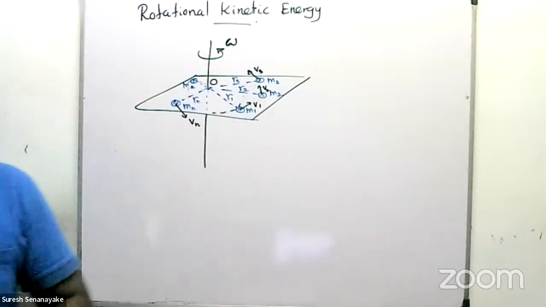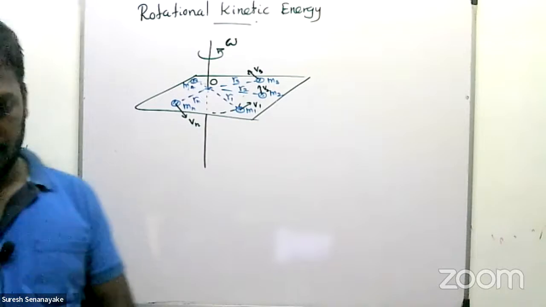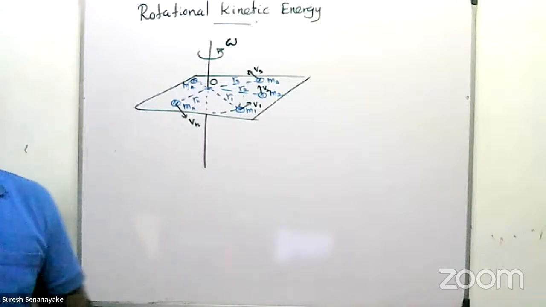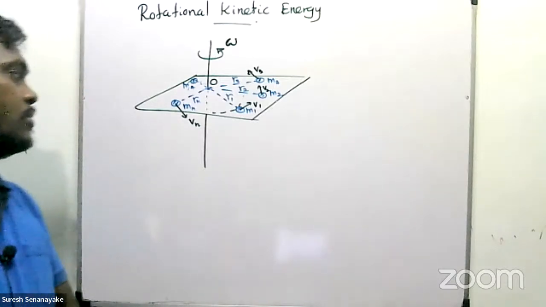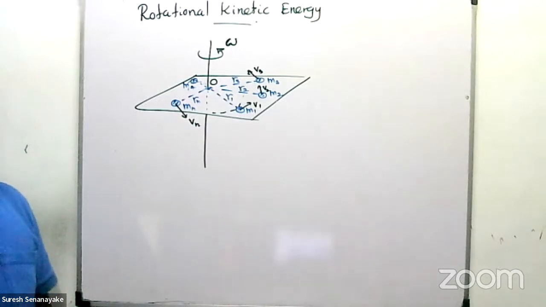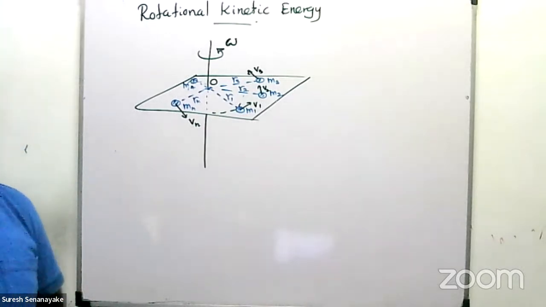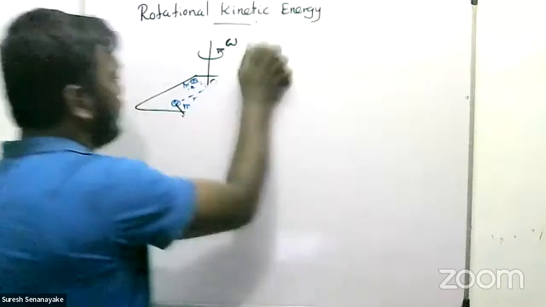Consider an object or body rotating about an axis through a fixed point capital O on the object, with a uniform angular velocity omega.